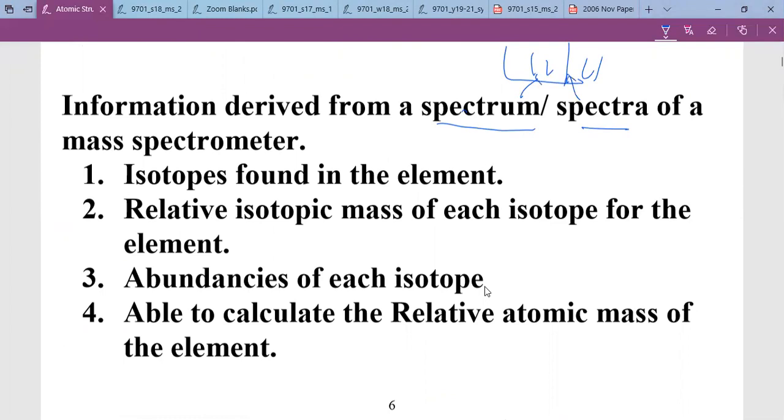It's like a graph that tells you information: abundances, and of course the M/E. This is called a spectra of a mass spectrometer. First thing they will tell you is how many isotopes there are, and what are they?